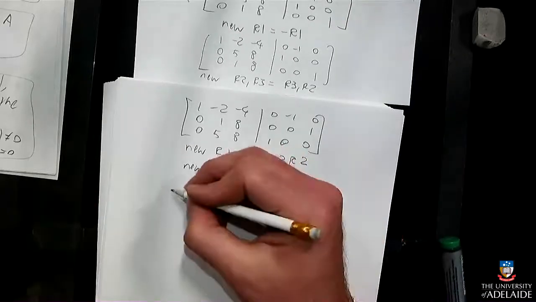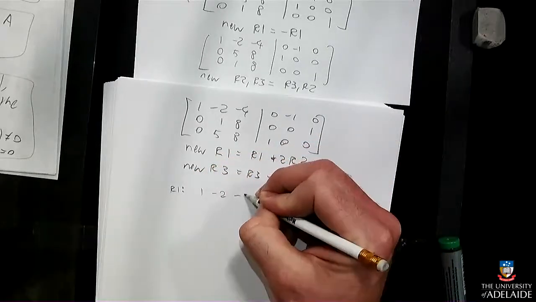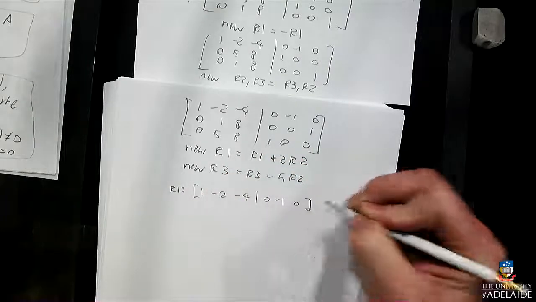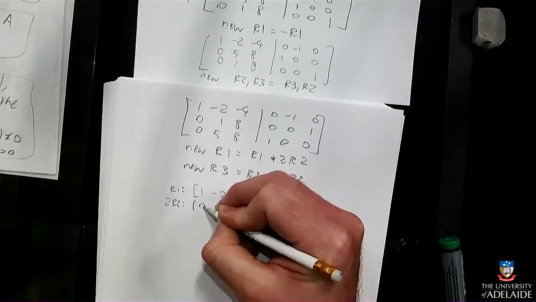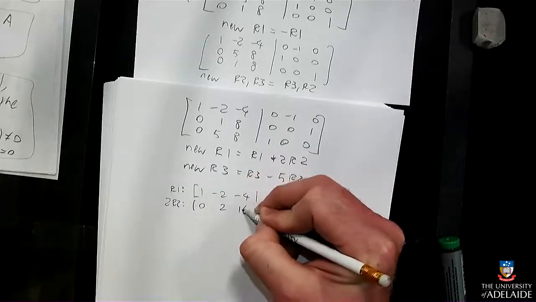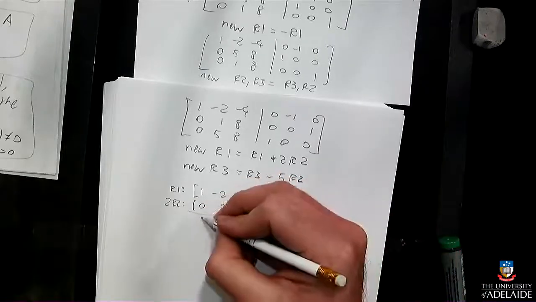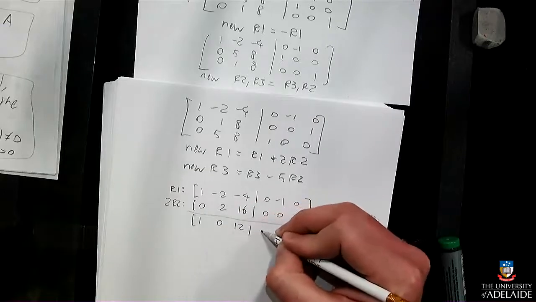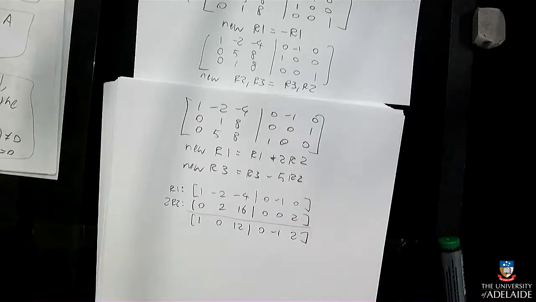Okay, so let's see. Row 1 is 1, negative 4, negative 2, negative 4, 0, negative 1, 0. And row 2 is 0, 2, 16, 0, 0, 2. So when I add them, I get 1, 0, 12, 0, negative 1, 2. So that's my new row 1.